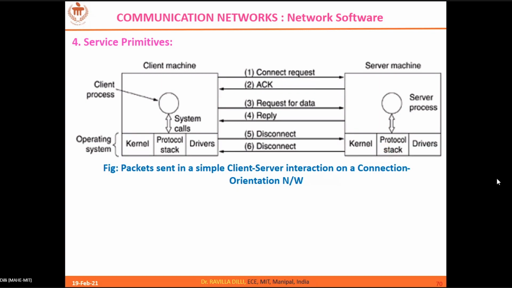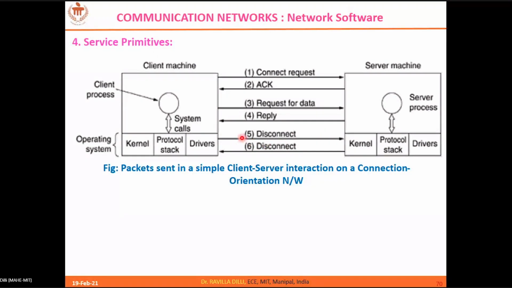Then after connection establishment, we will transfer the data. The client will request the data, and the server will give the reply. After data transfer, use the disconnect primitive to terminate the connection.